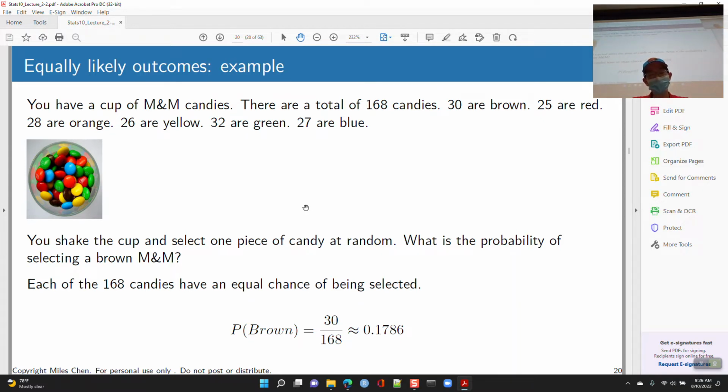Well, the answer is going to be, 30 of the pieces are brown, 168 pieces total in the cup. And if every single piece has an equal chance of being selected because you shook the cup, then we would say the probability of drawing a brown piece of candy is 30 divided by 168. So around 17%, 18%, 0.1786.